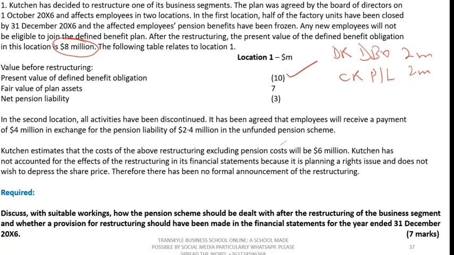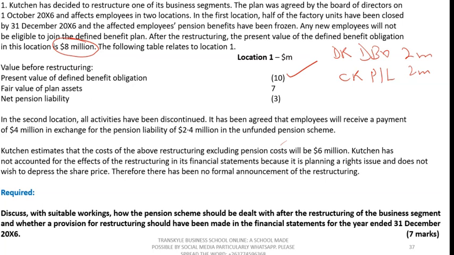But although the plans were in existence, there was no use of a professional fund. The company was actually maintaining them on its own.